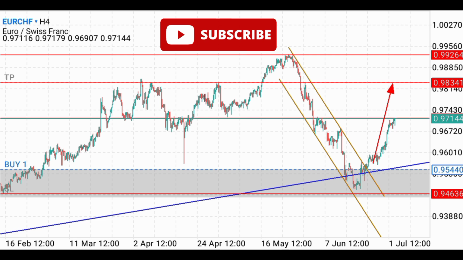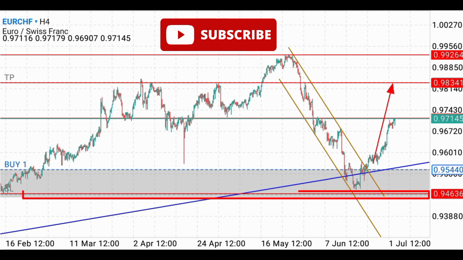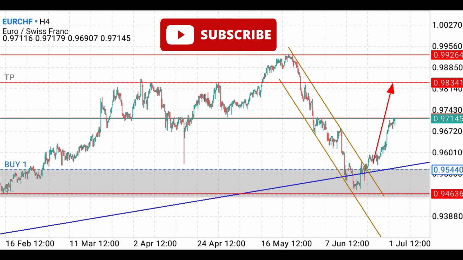If I leave my stop loss at this point, that means I am risking losing everything I've made. That will not be wise. I must find a way to protect all the profits I've made. So right now, where should be the best place to adjust my stop loss to, seeing that I don't want to risk losing everything back to where I started?